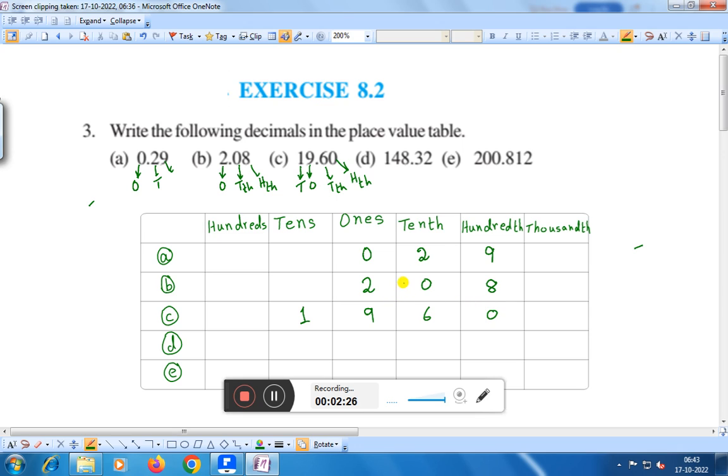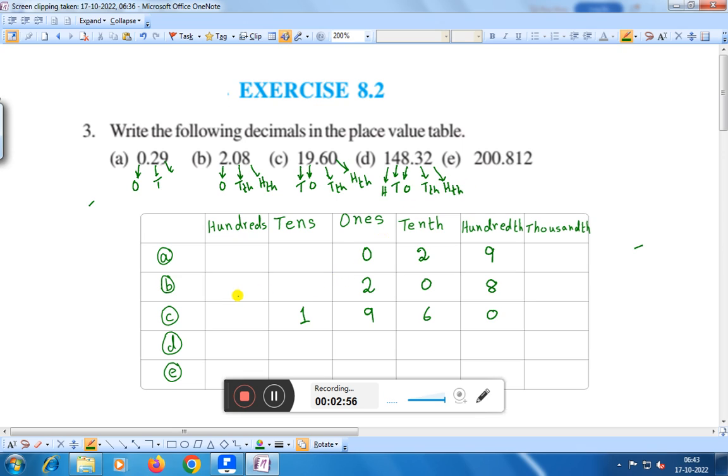Now question number D. Question is 148.32. That means here you see this is ones, this is tens, this is hundreds, right? And after the point 3 is in tenth place, and 2 is in hundredth place, right?